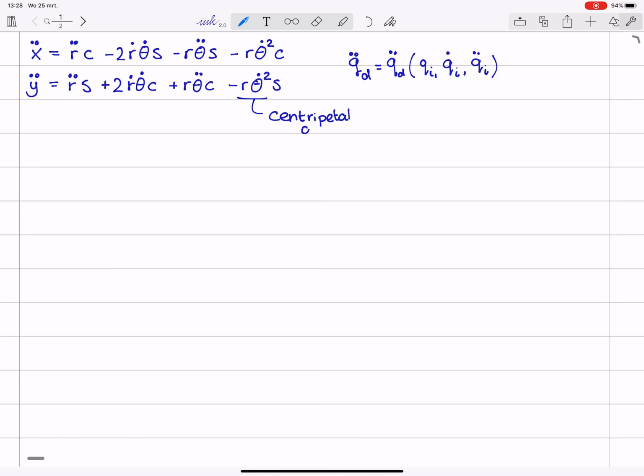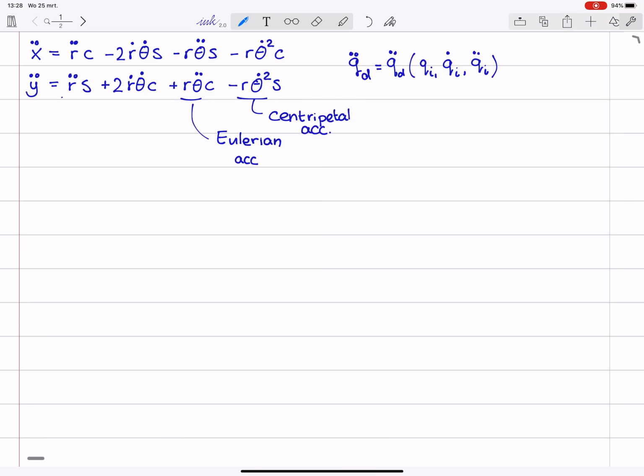And this term over here, r times theta double dot, that we can recognize as the Eulerian acceleration. But now we have 2 additional terms that appear due to the fact that r is not constant.